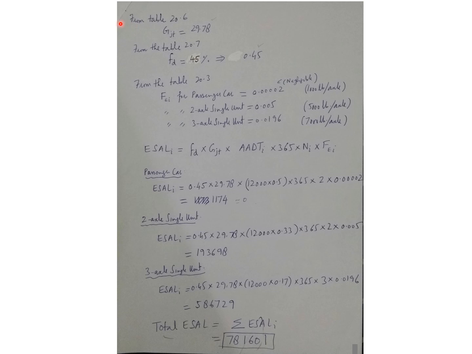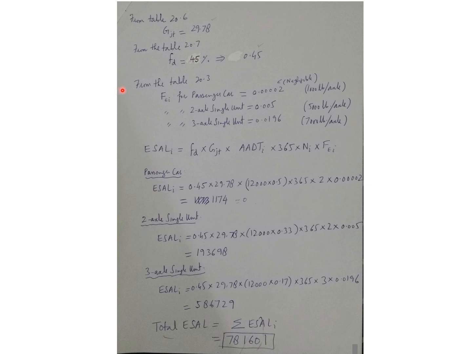From table 20.6, the growth factor is 29.78 in this case. From the table 20.7, there are 4 lanes, so F sub D is 45%, but it will be taken as 0.45 in the formula to determine the equivalent single axle load.